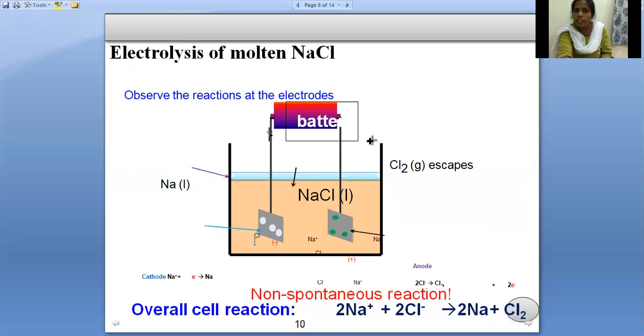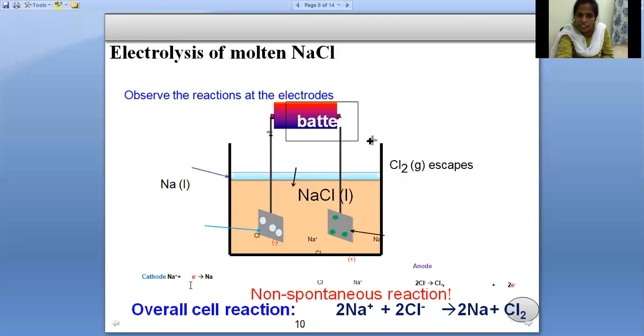So what happens here? When electrons are in excess, they will be removed. So see here, at the anode, Cl- loses electrons to produce Cl2, because 2 Cl- ions are participating here. In 2 Cl- ions, 2 electrons are in excess. So by losing 2 electrons, it produces Cl2.